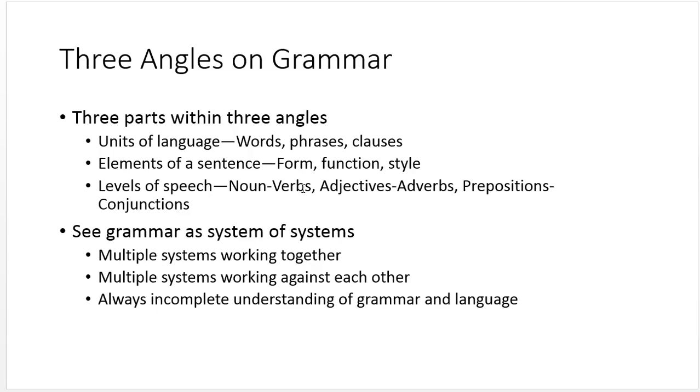So what I want you to start doing really is start seeing grammar and really language as a system of systems. It's a lot of different things working together simultaneously. And sometimes they work very effectively together, but sometimes they create a real mess. You might think of this a lot like computer networks and computers and satellites and cell phones and laptops and all these different things that we have within technology.